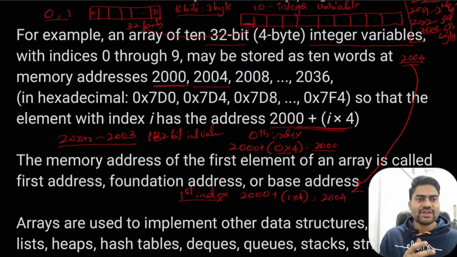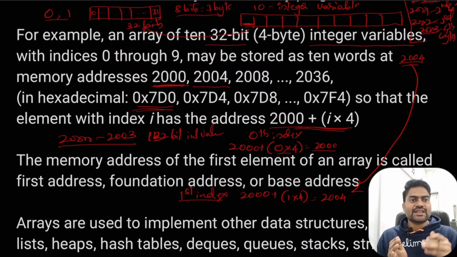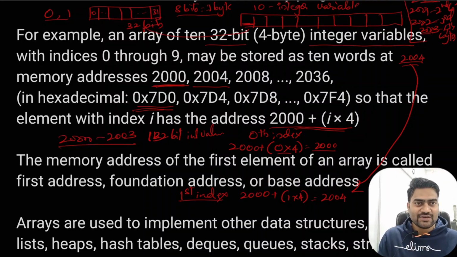If we want to address a particular memory block, we consider 1 byte of memory and address it with a hexadecimal address value, something like 0x7d0. Four such blocks combined together will store one integer value. That is how the storage happens internally.